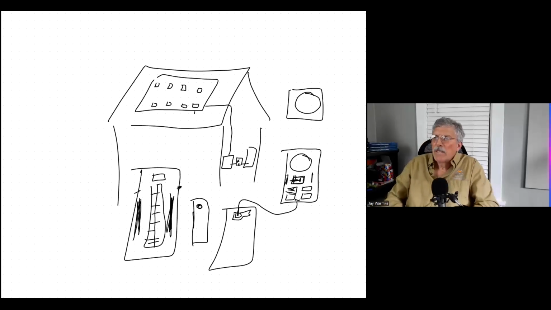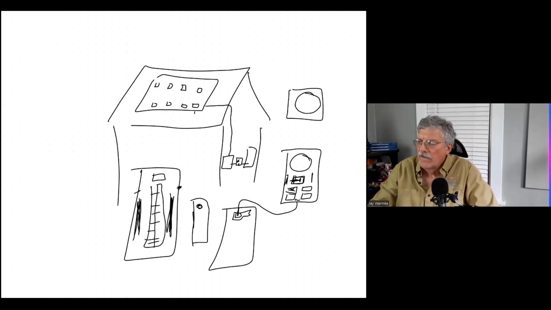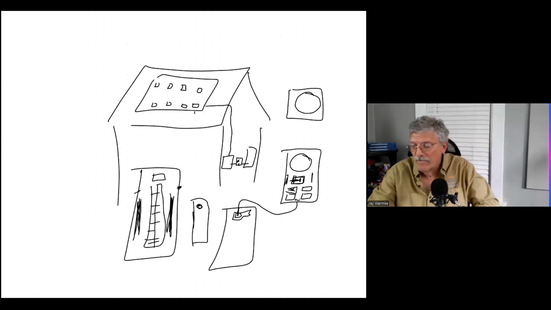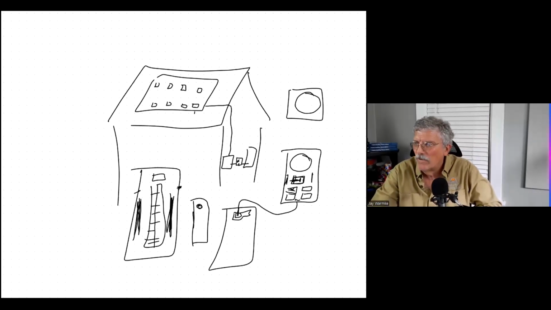So just something that you don't want to forget is, if you put in this emergency disconnect, you might have to deal with the ground issue in your main service panel. So that's not so much solar, but that's electrical issues.